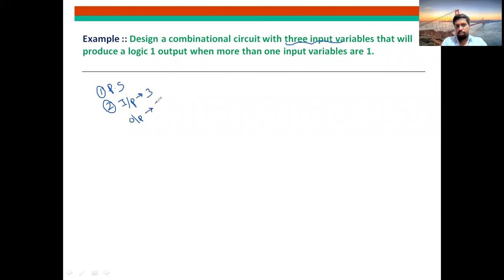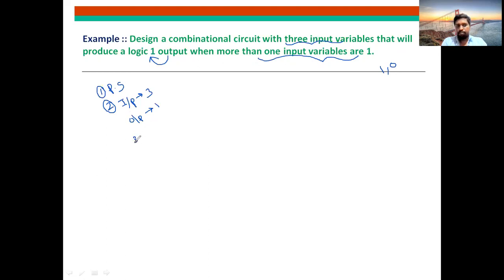The output variable will be only 1. Why? Because they said the output will be 1 when this condition is satisfied. If this condition is not satisfied, then the output will be 0. Satisfied means 1. So we have only 2 conditions, and 2 conditions means 1 literal is enough for us. So the output is 1 literal.